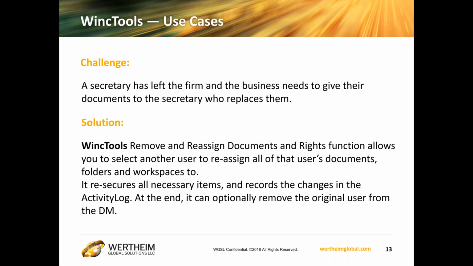We have a function called remove and reassign documents and rights that allows you to select another user to reassign all that user's documents to, and then you can optionally remove the original user. In the meantime, wherever the first user that left the firm was identified as the author or typist or trustee, it transferred the rights and the authorship and typist information to the user who replaced that person.